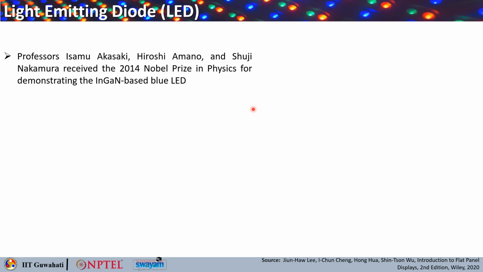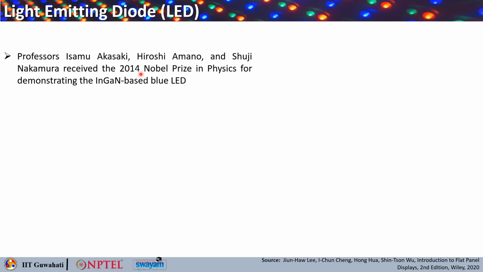LEDs were initially used as indicators, red and green, but only when Professors Isamu Akasaki, Hiroshi Amano and Shuji Nakamura came up with the indium gallium nitride based blue LEDs has it revolutionized LEDs for usage in general lighting.